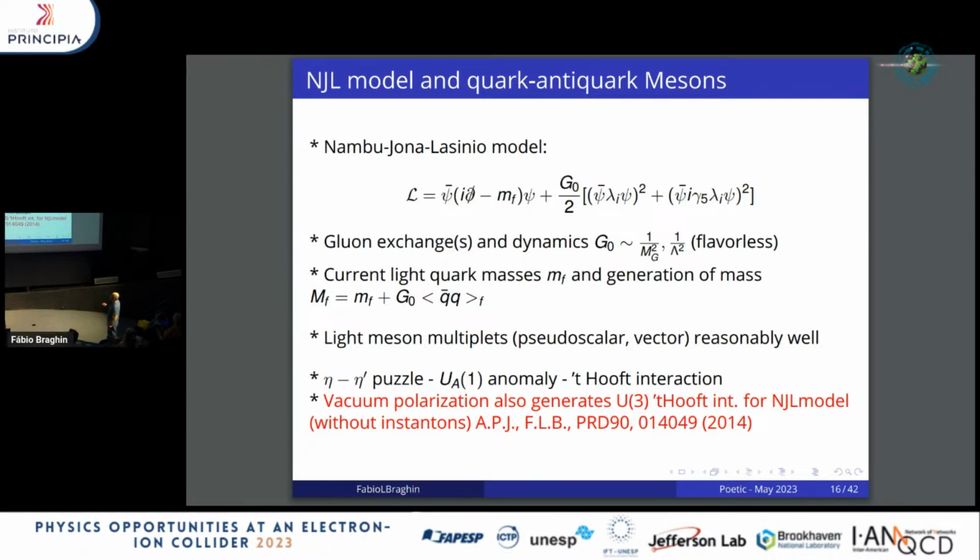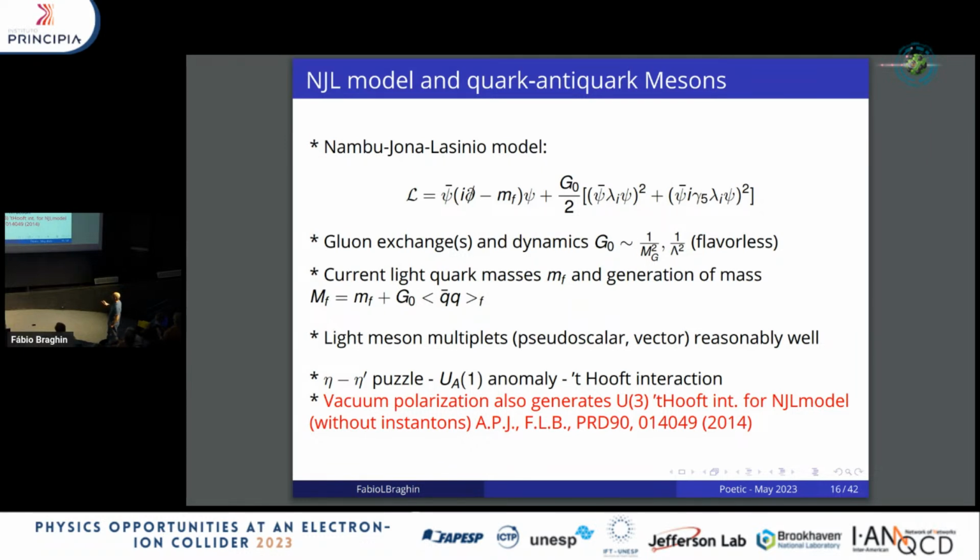Usually, you need to introduce a further interaction of a higher order. That's called the 't Hooft determinantal interaction induced by instantons. And then I will come back a little bit more to this subject, because in fact, what we found is that those mixings give another explanation, another description for the masses of the eta prime.